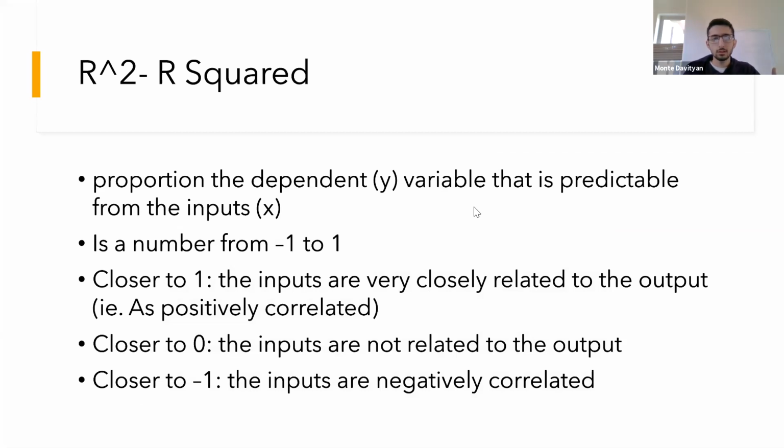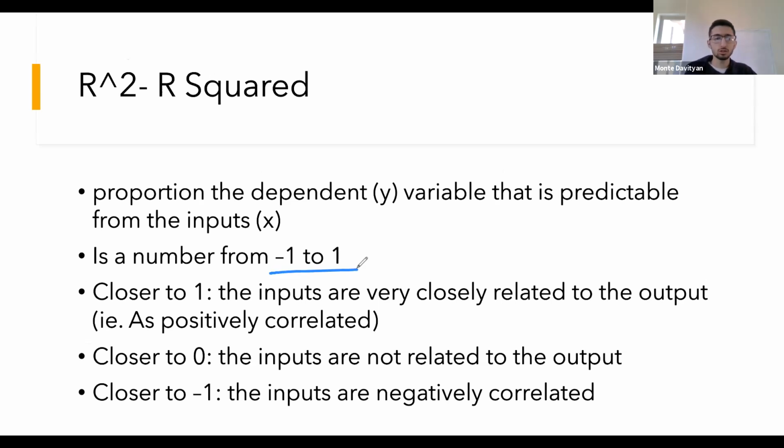So the R squared, and again, you guys might be familiar with this, is a useful value that tells us the proportion that the dependent variable, the y variable, can be predicted from input x. This is a number from -1 to 1.